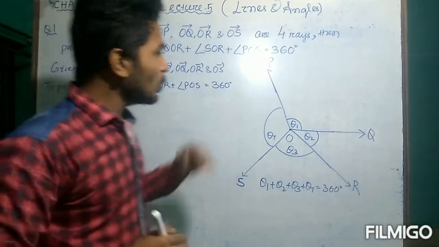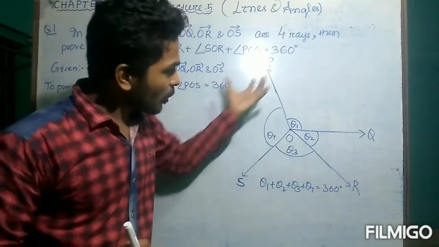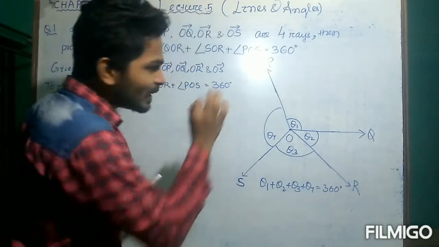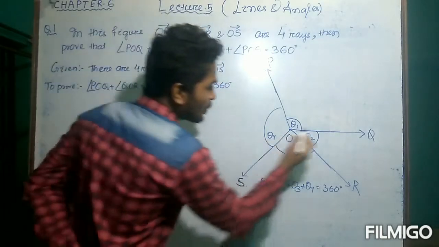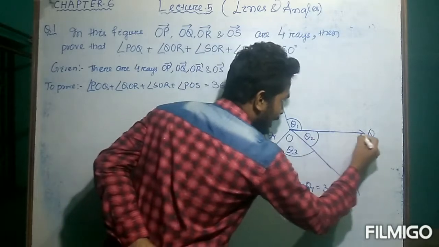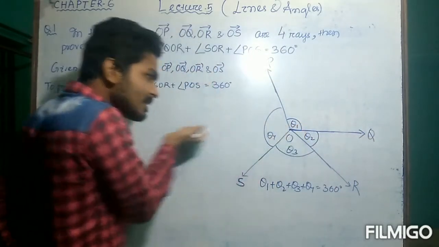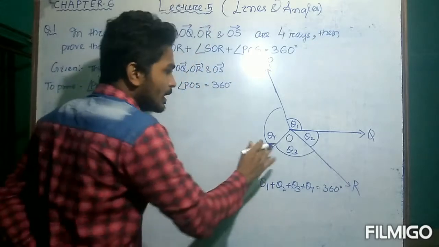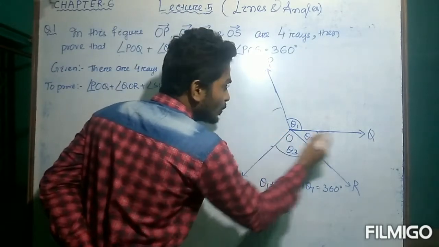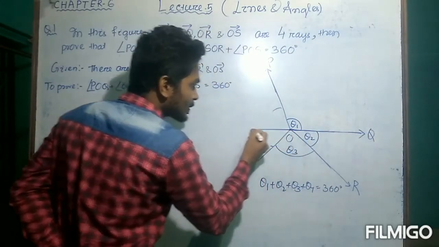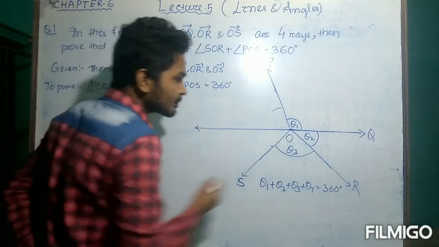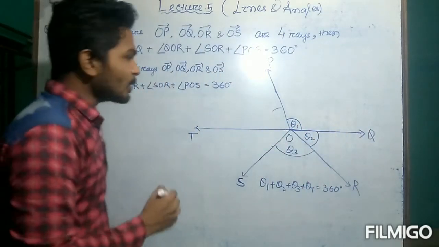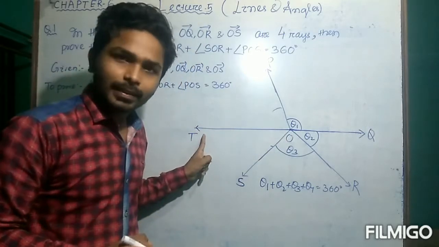Okay? Now we will look for how we can prove that the sum of these 4 angles is equal to 360 degree. See, one thing you can do. Suppose this ray can be extended in this direction. As we know, a ray can be extended in only one direction. So we will extend this ray OQ in this direction up to T, so that we will get another ray OT, right?